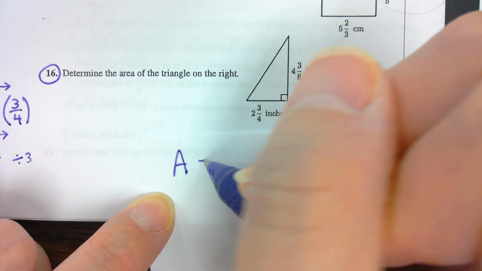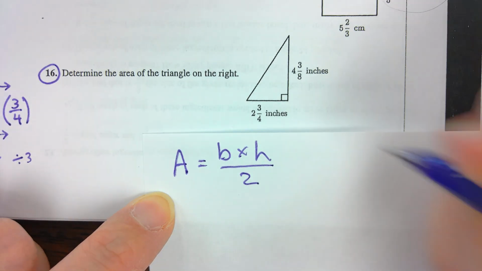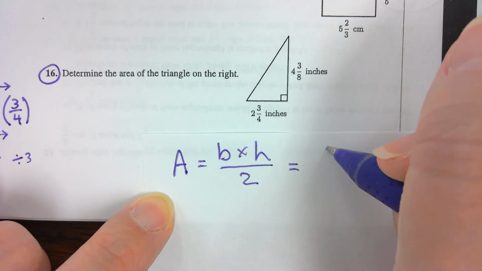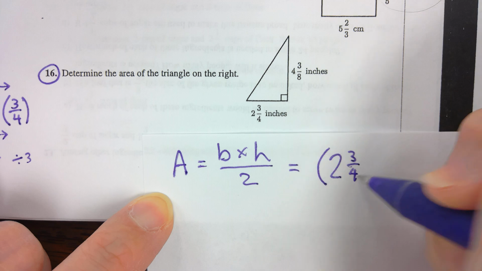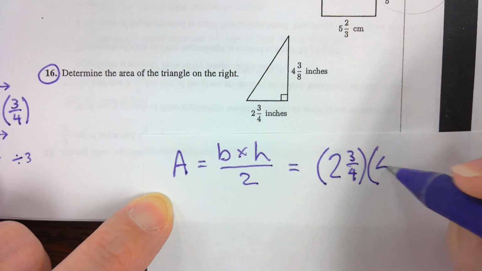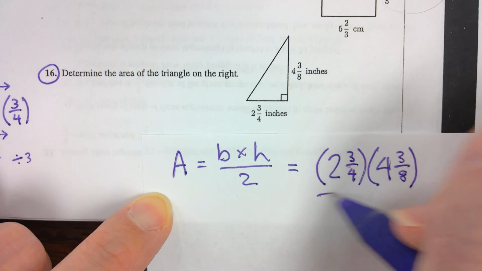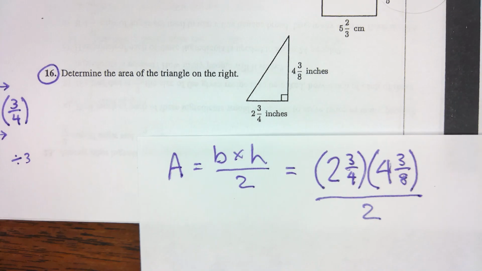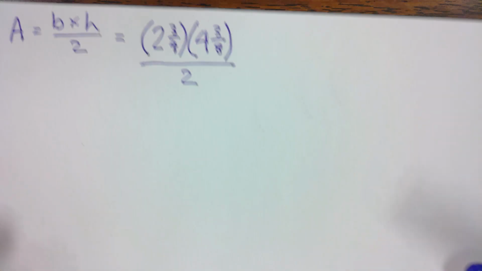Base times height over 2. So base times height, base is 2 3/4, height is 4 3/8, and everything divided by 2.